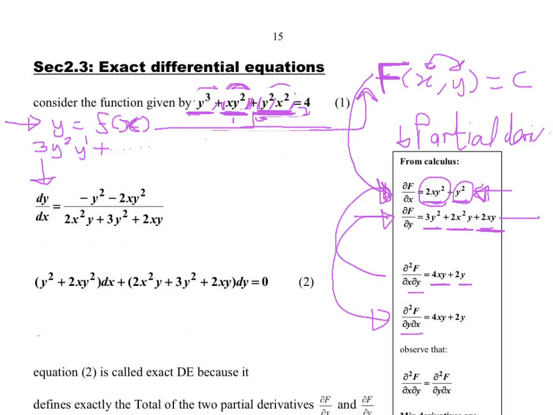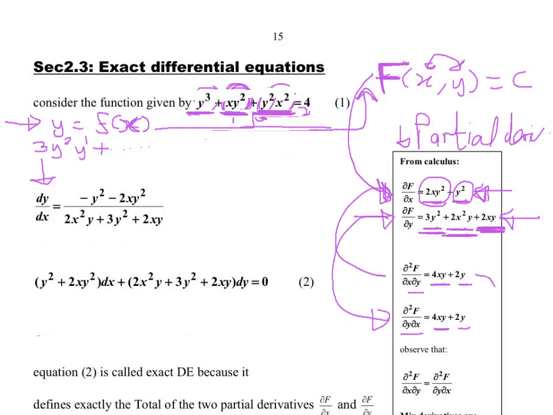And if you differentiate this again with respect to x, this is going to be 0 because there is no x, and this will be, 2y is constant, so the derivative of x squared is 2x, so it will be 4xy, and the derivative of this with respect to x is 2y.